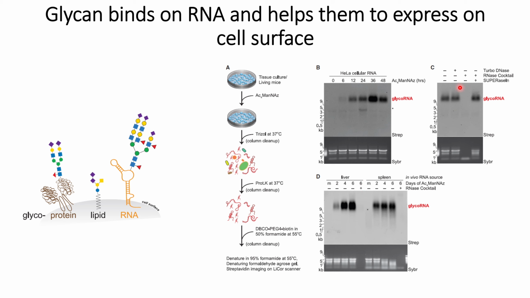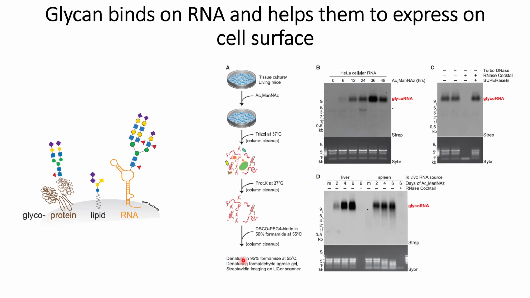When they treated with DNase, there was no change in the glycoRNA, so they concluded that the signals are not because of DNA. However, when they treated with the RNase cocktail, there was no glycoRNA.